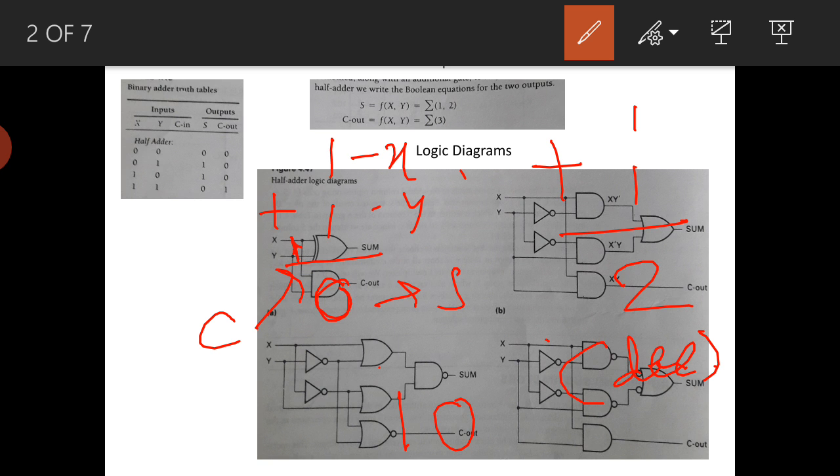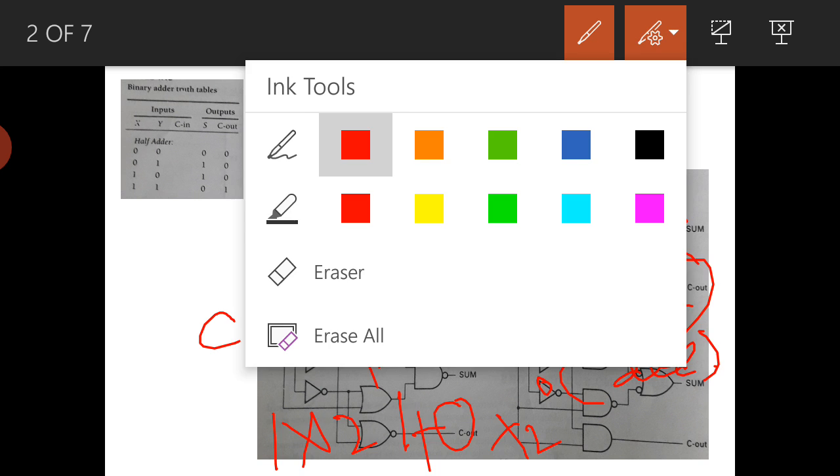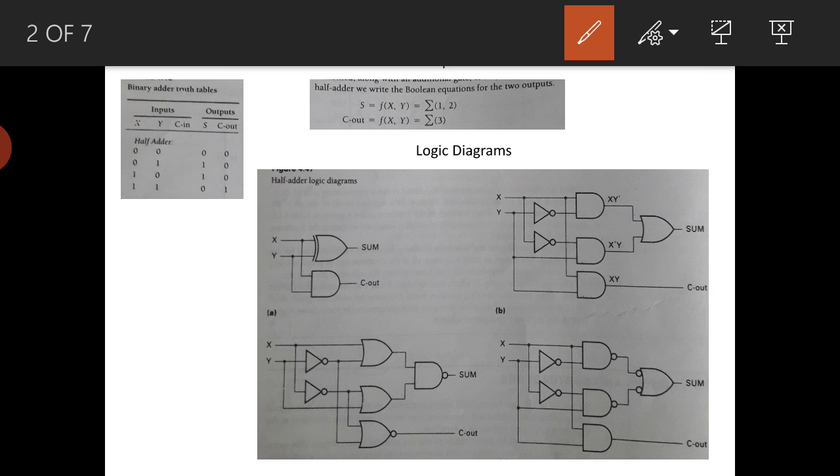That is 1 0, meaning 0 into 2 raised to 0 plus 1 into 2 raised to 1, the second position. So this will be 0 and this will be 2, and the overall value is 2. First we need to understand what binary addition is, meaning 1 bit binary addition.